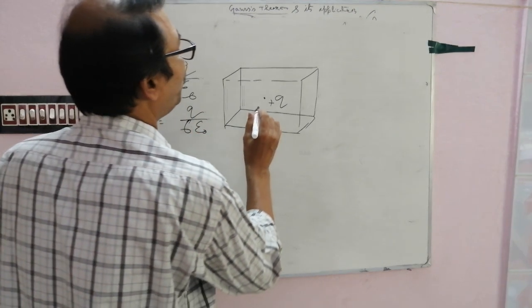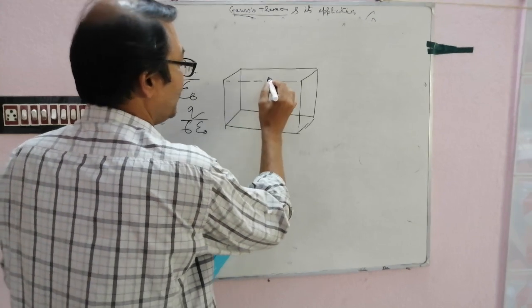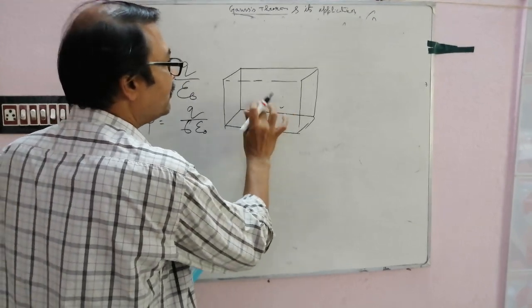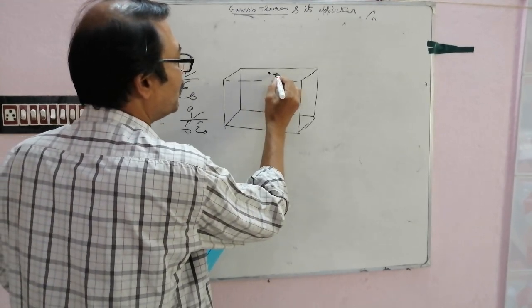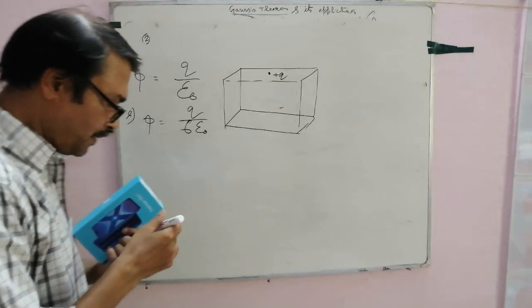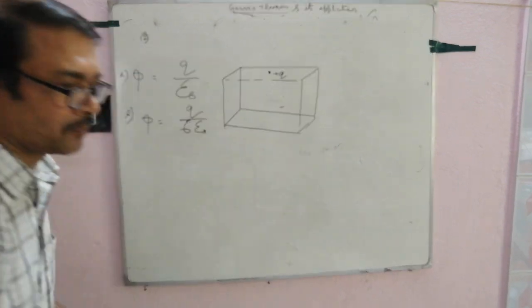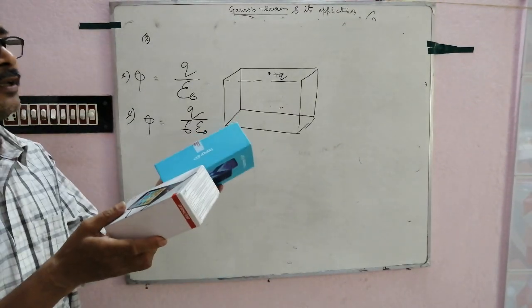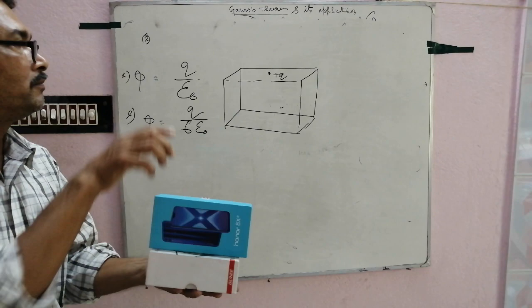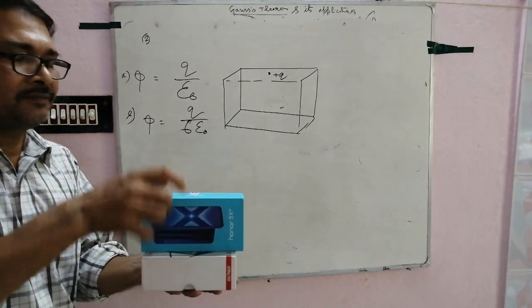Follow. Suppose this point charge is shifted here. What will be the flux? Now look at this model. According to the figure, here is the point charge.